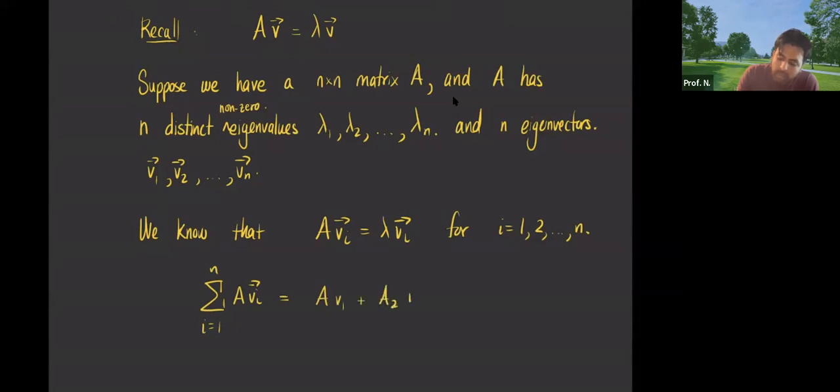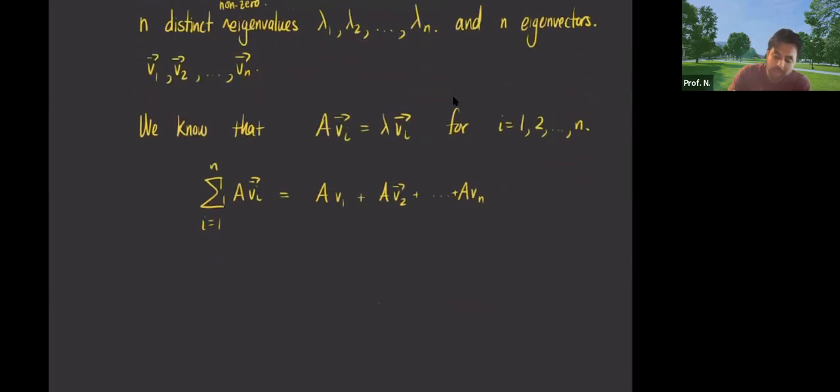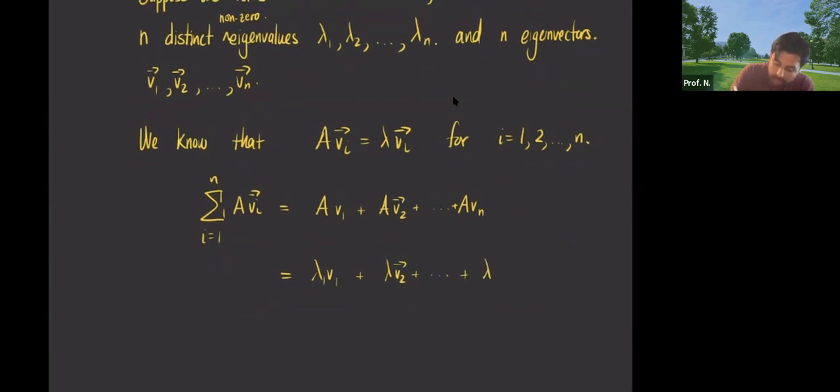A v1 plus A v2 plus all the way to A vn, which is the same thing as saying lambda 1 v1 plus lambda 2 v2, all the way to lambda n vn. Right?